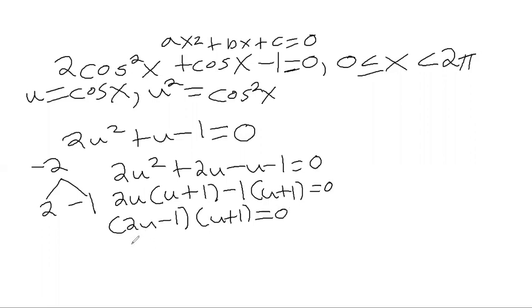So that means, solving for both equations, u is going to equal 1/2 and -1. But yes, we solved for u, but remember, we're trying to find for cosine. So now we got to plug back in what our u is. Again, u is cosine x. So then that's going to be cosine of x equals 1/2, and cosine x equals -1.